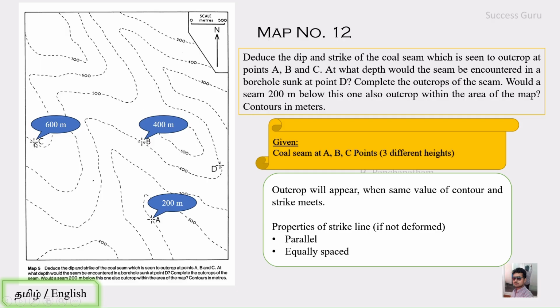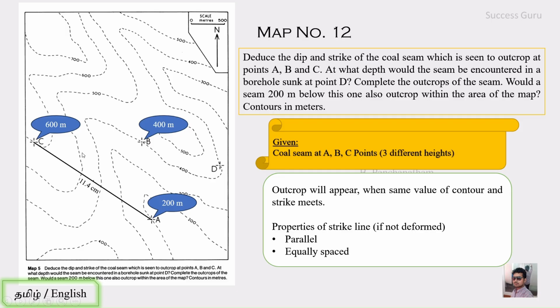So say it starts from 600 here and 200 here. Then 500, 400, 300, 200 will be lying on this line, as this is parallel and equally spaced. So what we can do is connect the top and bottom, that is the highest contour and the lowest contour, or the highest strike value and the lowest strike value, and measure the distance, which is somewhere near 11.4 centimeters.